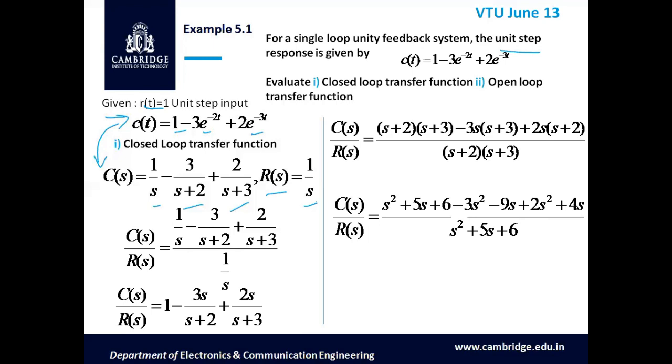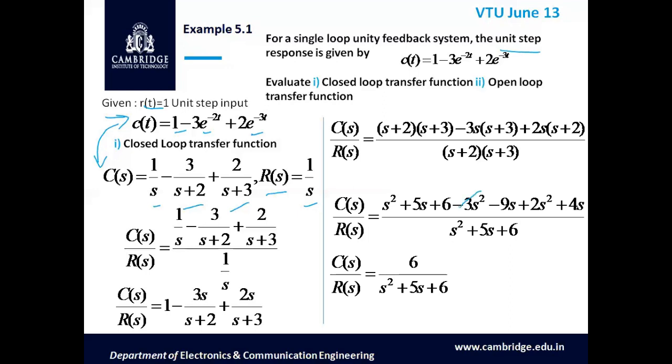If you simplify further, I can obtain C(s) by R(s) as s square plus 5s plus 6 minus 3s square minus 9s plus 2s square plus 4s, the whole divided by s square plus 5s plus 6. Now if you simplify this further, we obtain C(s) by R(s) as 6 divided by s square plus 5s plus 6.